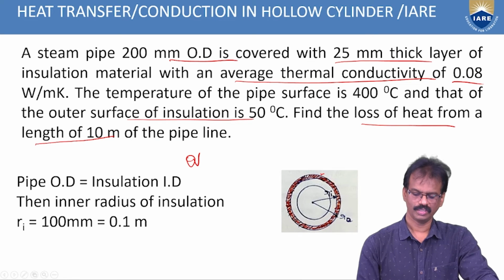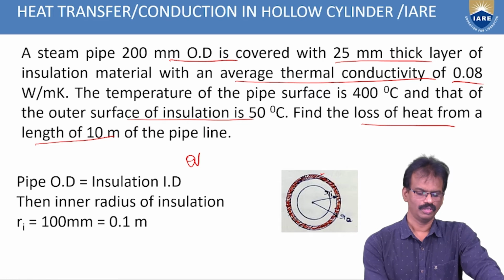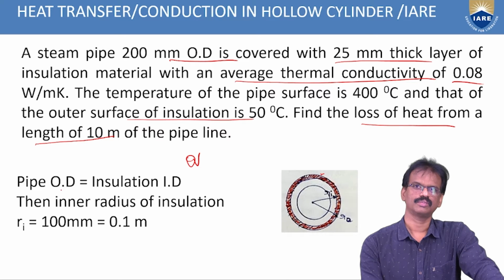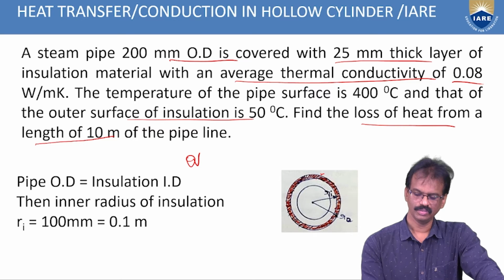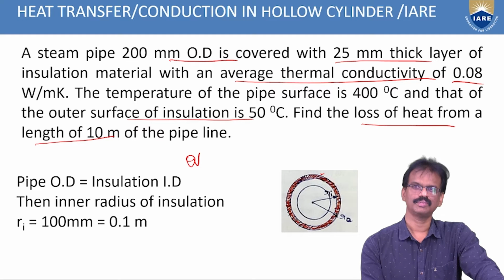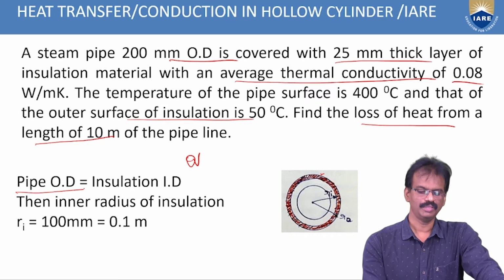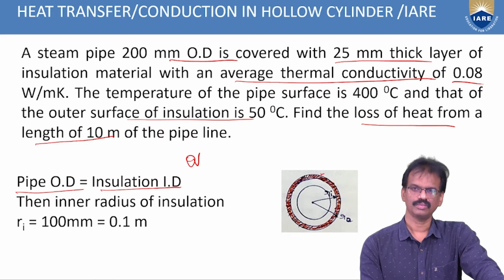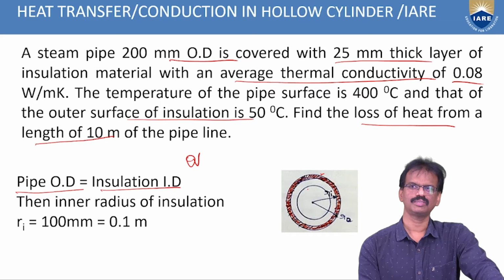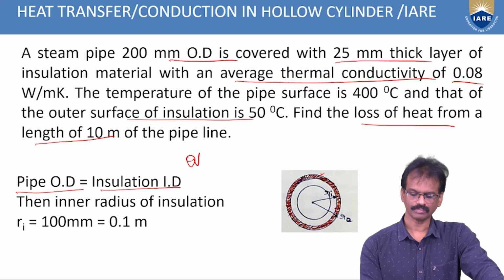Here you can take the outside diameter of the steam pipe, which is the inside diameter of the insulating material. The outside diameter of the steam pipe is equal to the inside diameter of the insulating material, because on the outside of the steam pipe the insulating material is placed.